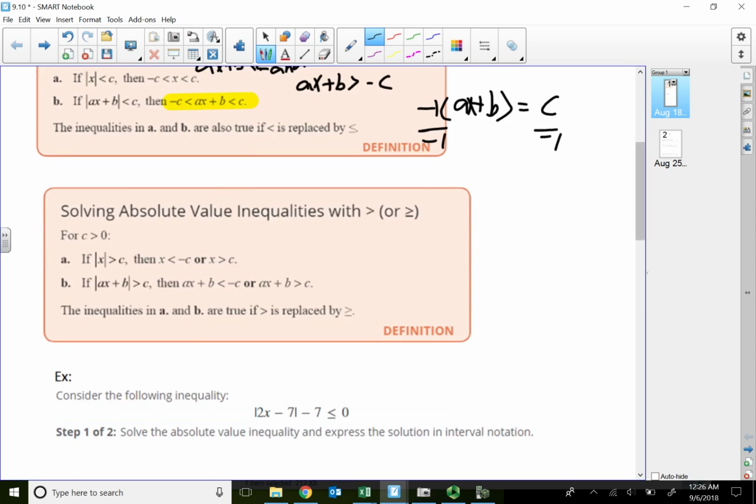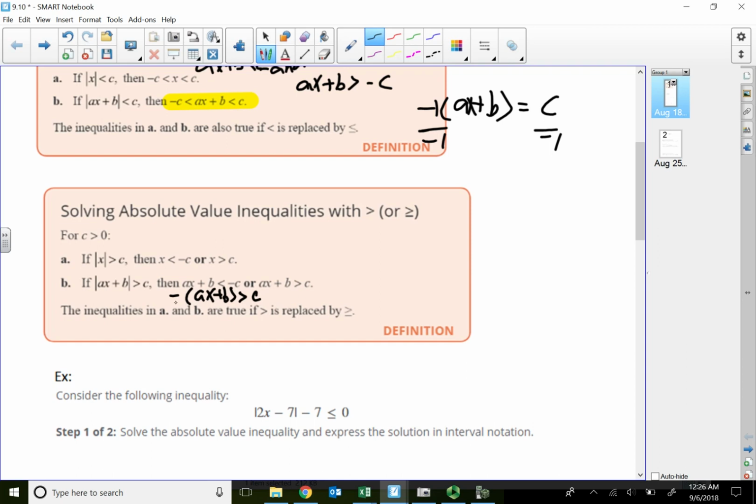The same goes for starting off with greater than. When we use greater than for the absolute value inequality, we always use the word or. So we take whatever is inside the absolute value and set it greater than c, but the other equation has to be less than negative c, because it was supposed to be negative parenthesis ax plus b greater than c.